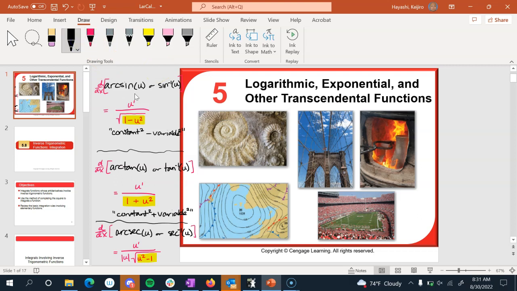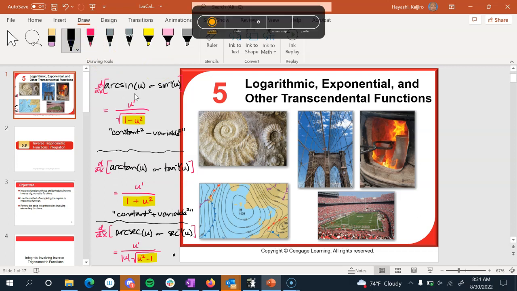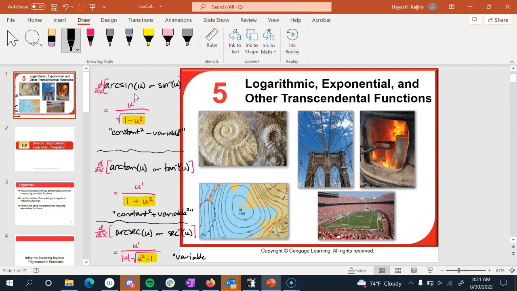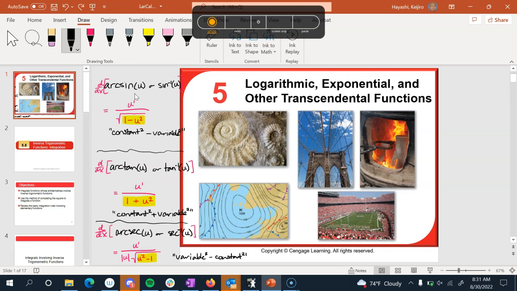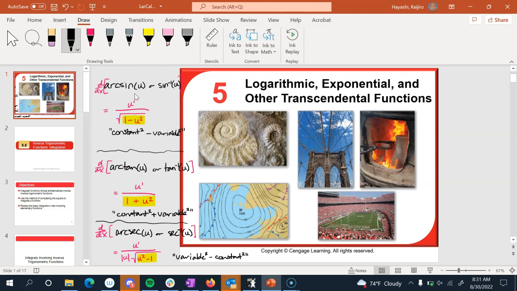Okay. And so that's going to be some sort of variable term squared minus some sort of constant squared. In these derivatives that you learned on Thursday, of course, the constant is just 1, but maybe today we'll see some cases where it's something different.